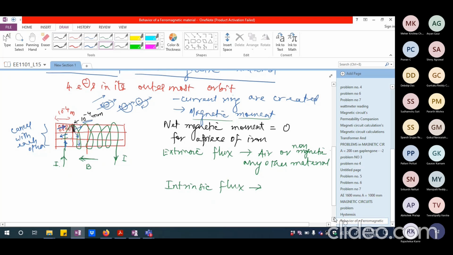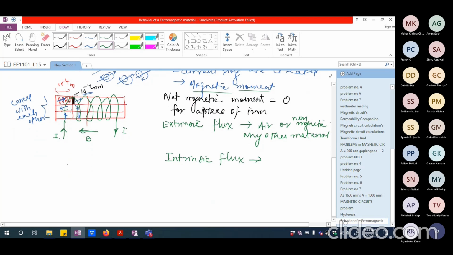So when the current increases, initially more and more magnetic moments are being worked on, and the external current is trying to align them along with the extrinsic flux, because of which the flux increases quite a bit.